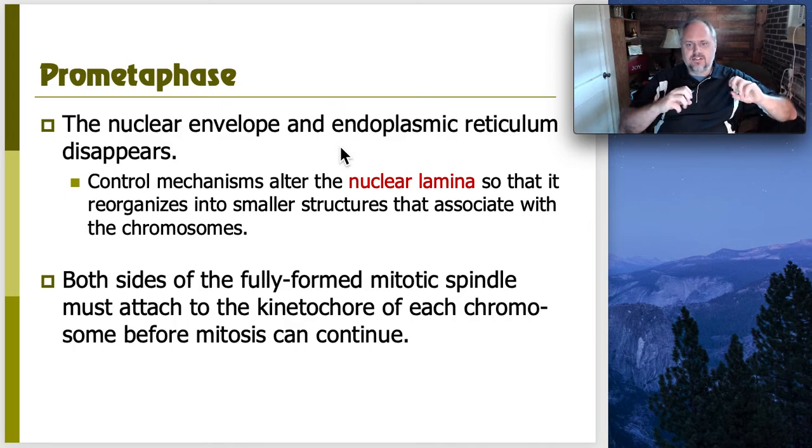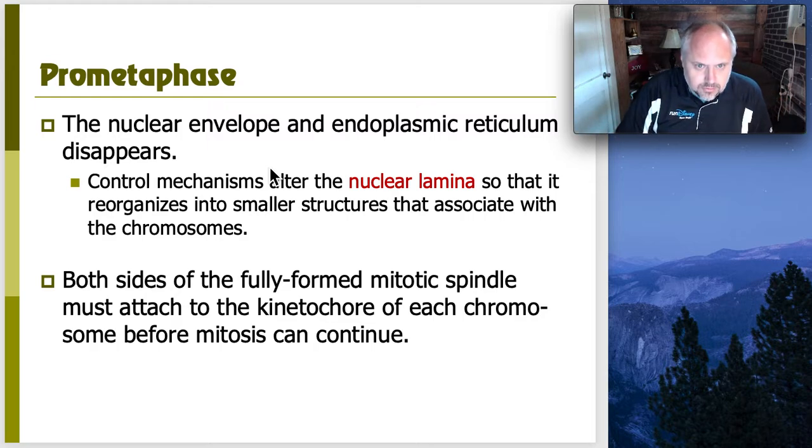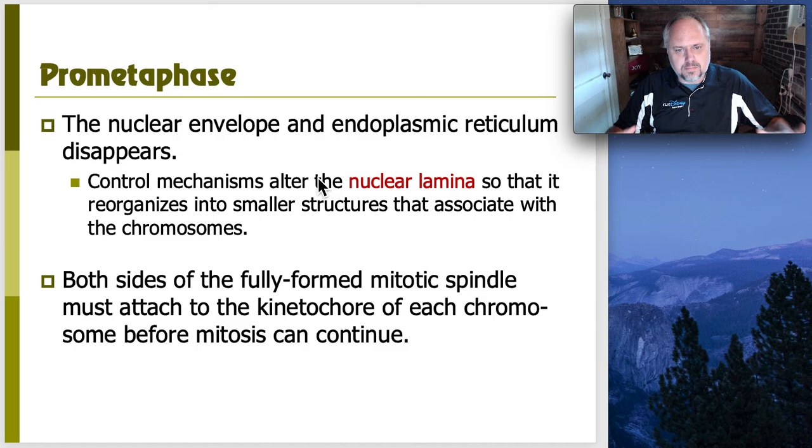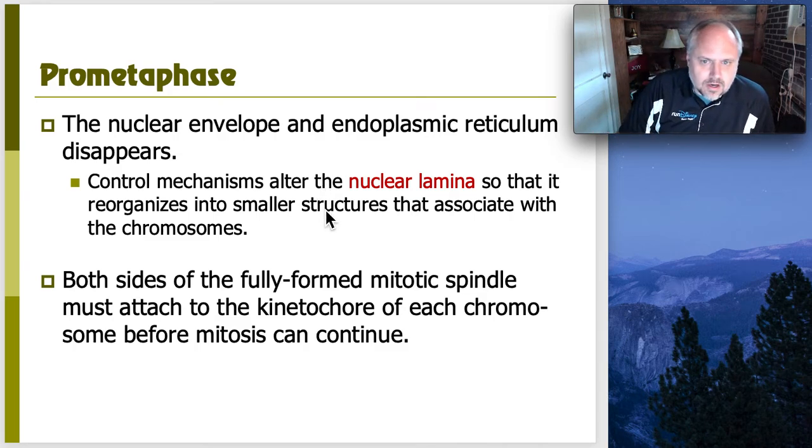Obviously it just gets too small. It's going to be taken apart into small little vesicles that can then be transported across those microtubules to opposite ends, where once the chromosomes have been pulled apart, we can essentially reassemble that nuclear envelope and the endoplasmic reticulum on either side in the two daughter cells.